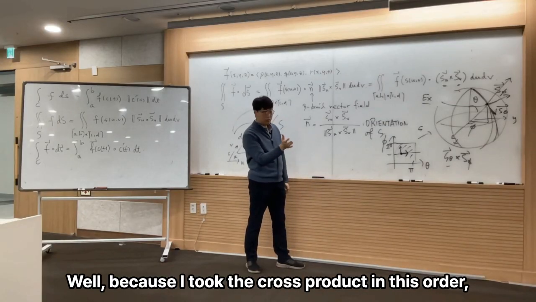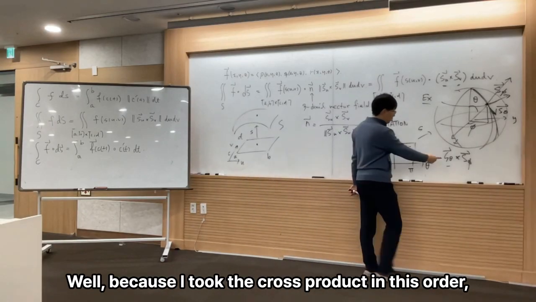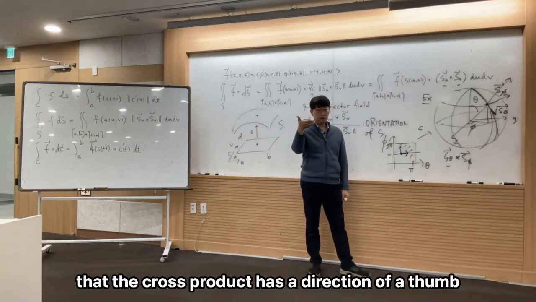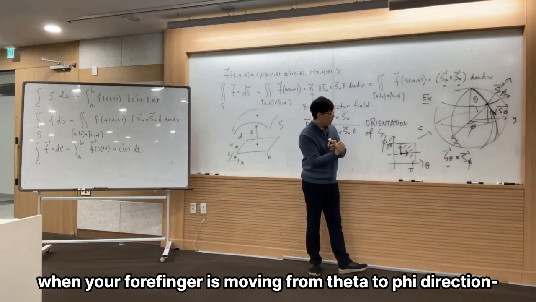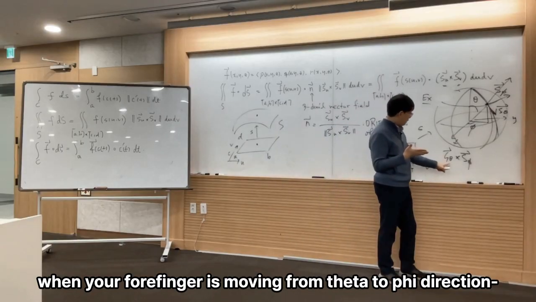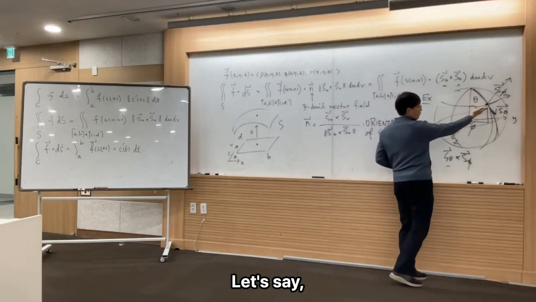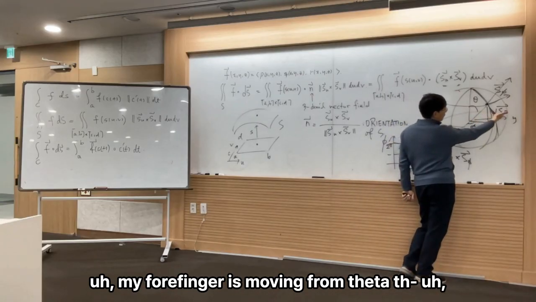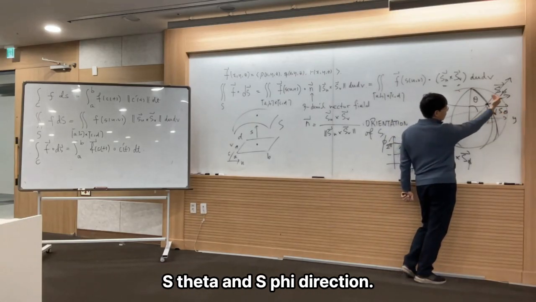Because I took the cross product in this order, S theta and S phi. If you think about the right-hand rule, the cross product has the direction of your thumb when your forefinger is moving from the S theta to the S phi direction.